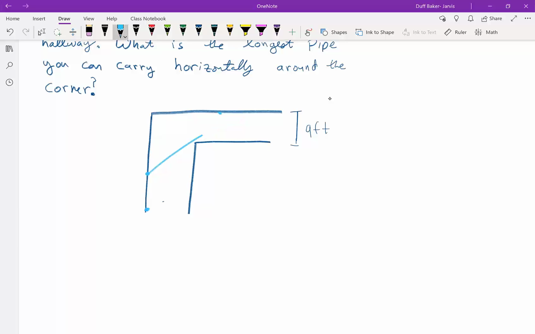Maybe you make it a little smaller, and it turns out it actually starts fitting through. So we're kind of decreasing the length of the pipe, and we're asking, when will it actually make it around the corner? So the idea here is, so let me complete the picture. Let's see.